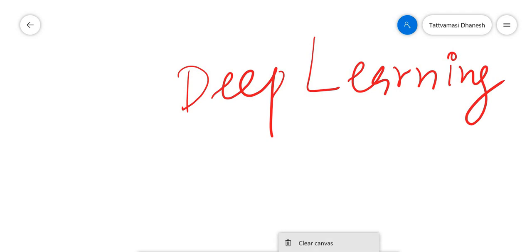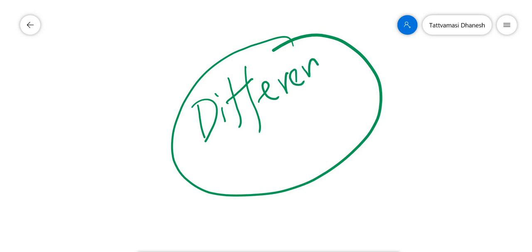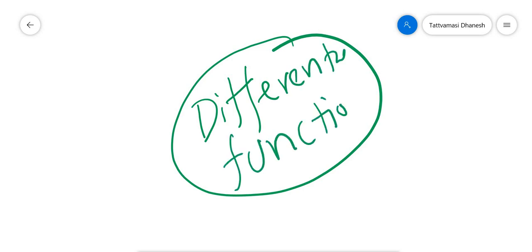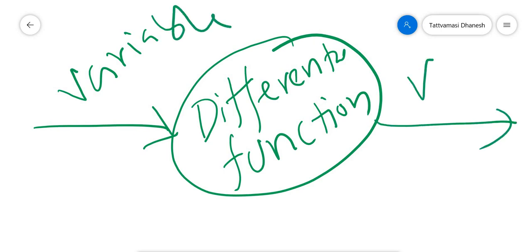Deep learning means you have a differentiable function which converts one type of variable into another type of variable. This is what happens in deep learning in all applications.